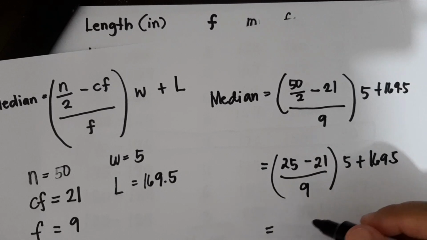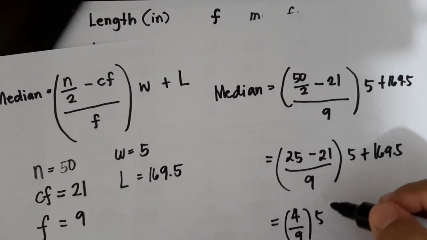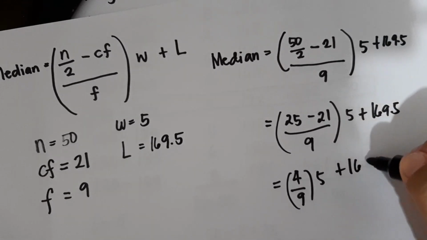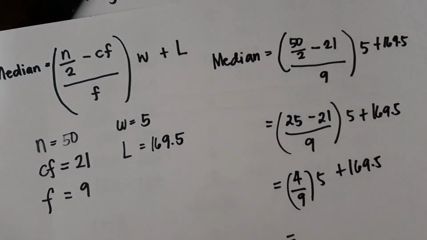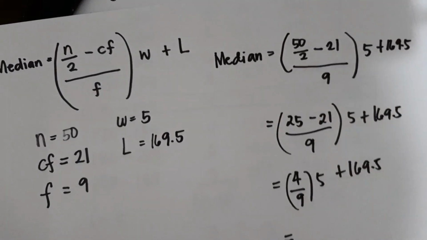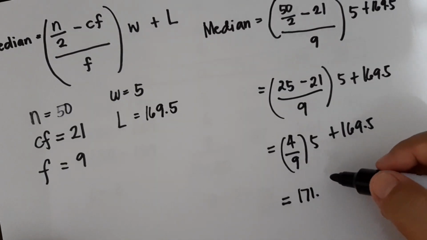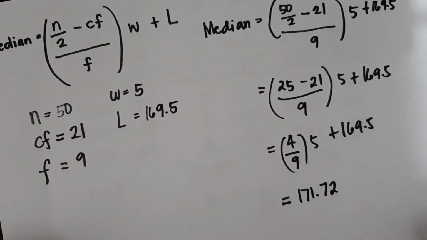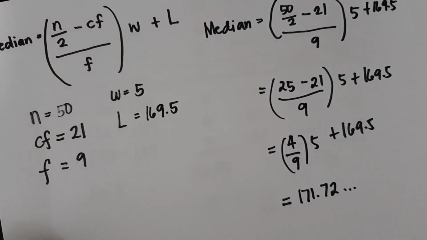So 25 minus 21 is 4 over 9 times 5 plus 169.5. So that would be 171.72, or 171.7222222. Or 171.72 na lang, pwede din naman. So, this is in inches. So, your answer is 171.72 inches.